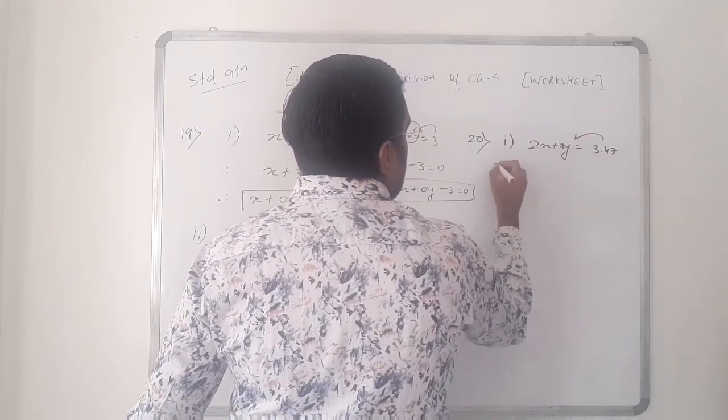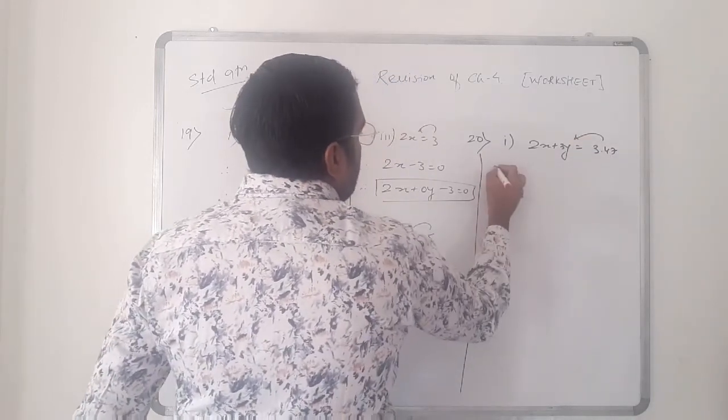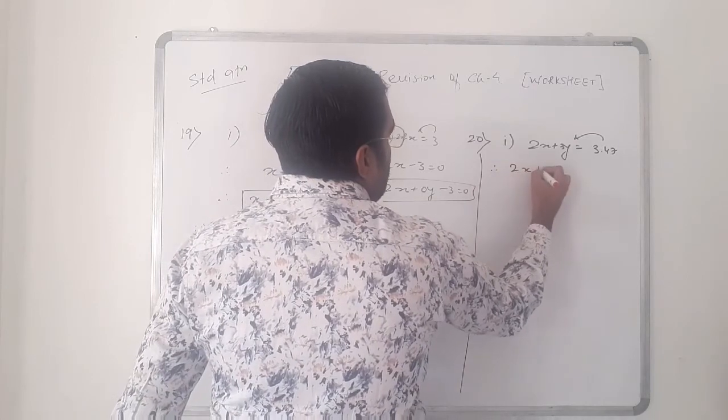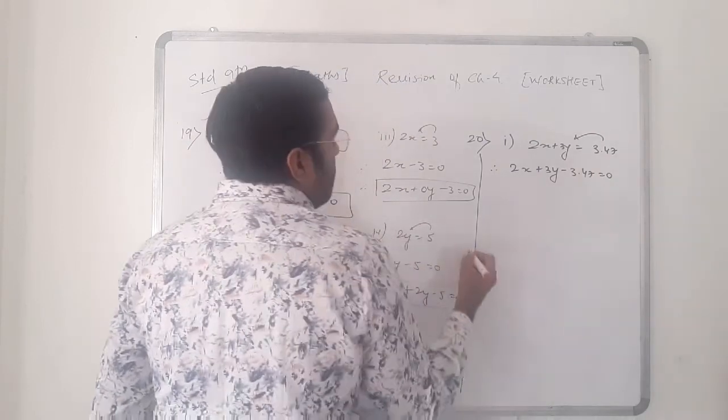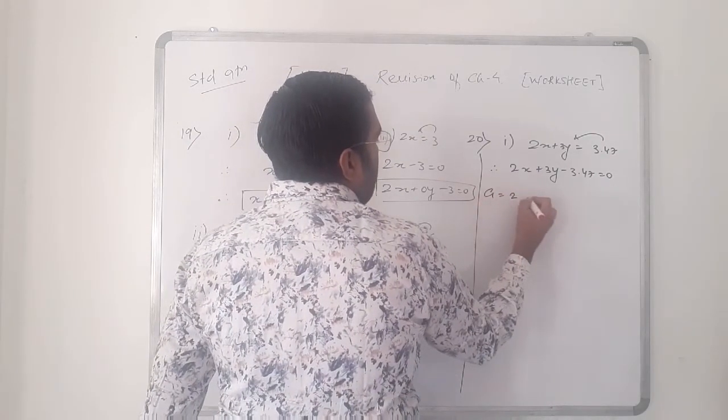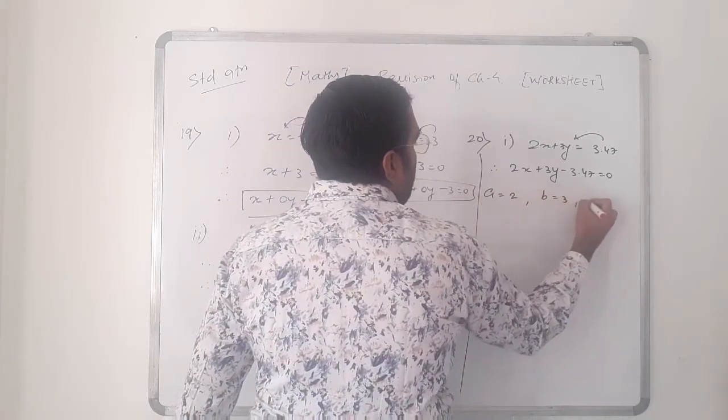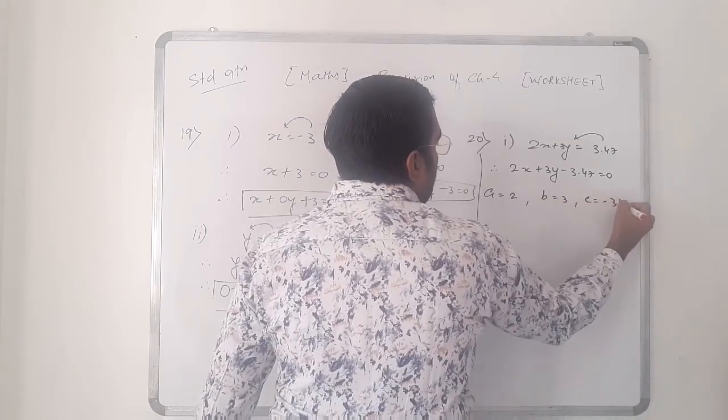Now 3.47 is shifted to the other side, so 2x plus 3y minus 3.47 is equal to 0. So here a equal to 2, b equal to 3, and c is equal to minus 3.47.